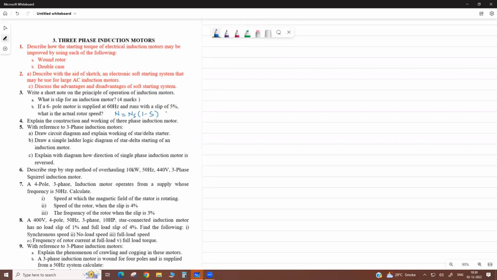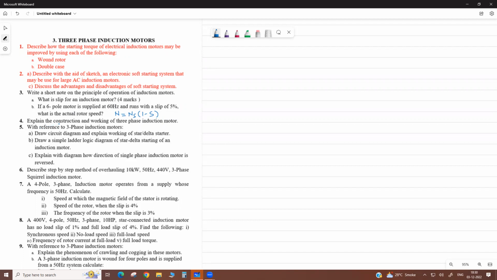Slip is given here, 0.05. Synchronous speed is 120 f divided by P, that means 120 times 60 divided by 6, which is 1200 RPM. Correct? Synchronous speed.